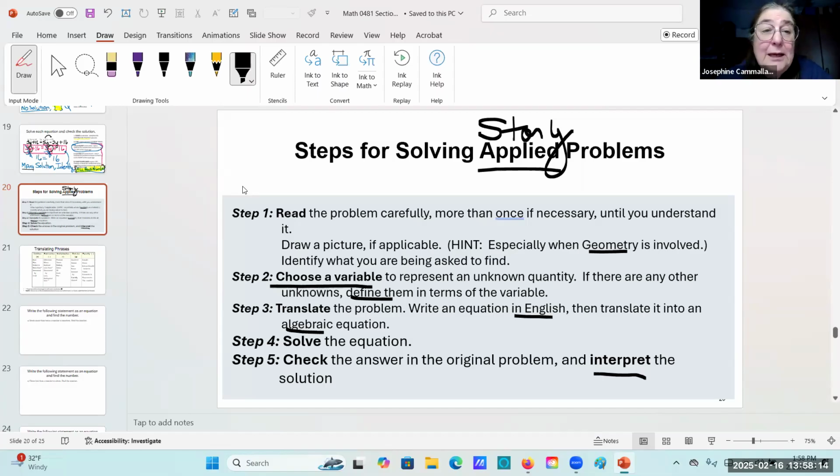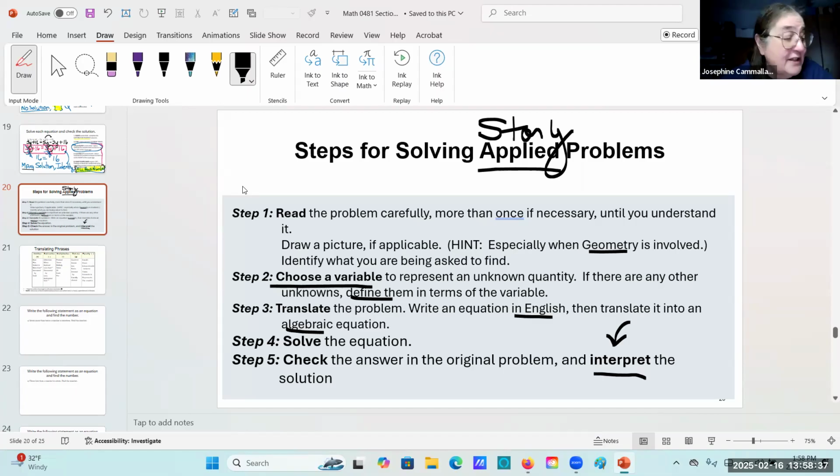Also, money. Money is 2 decimal places, and hopefully you've heard that before. Without 2 decimal places, money is not correct. So think about and interpret what your answer is in relationship to the story.